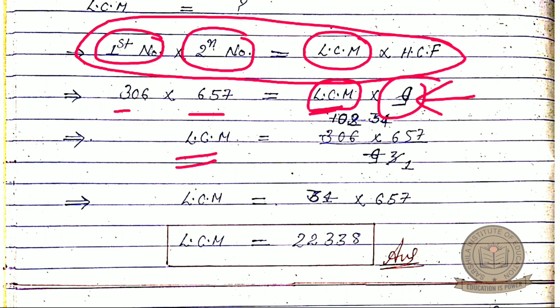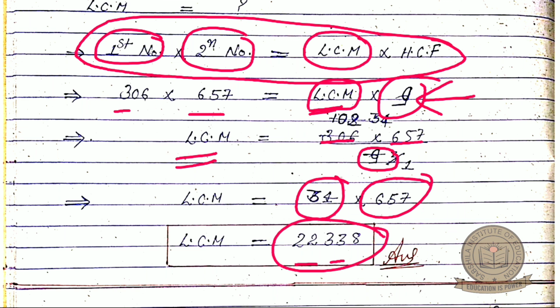So 306 into 657 divided by 9 will happen. Then if you will solve, you will get LCM is equal to 34 into 657. If you will multiply 34 into 657, then you will get what? 22338. This is your answer.